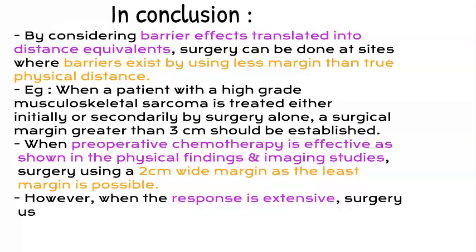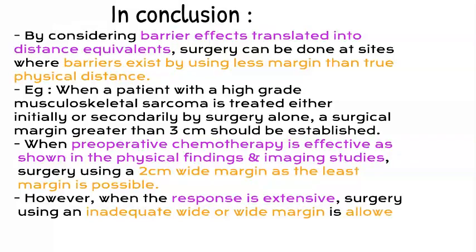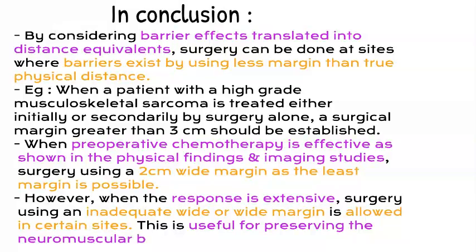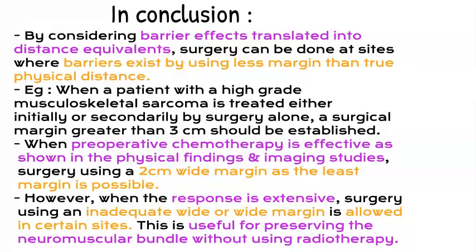However, when the response is extensive, surgery using an inadequate wide or wide margin is allowed in certain sites. This is useful for preserving the neuromuscular bundle without using radiotherapy.